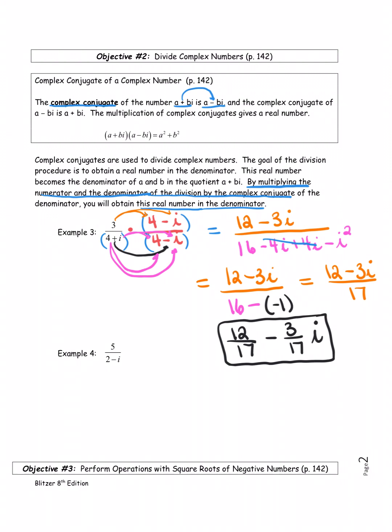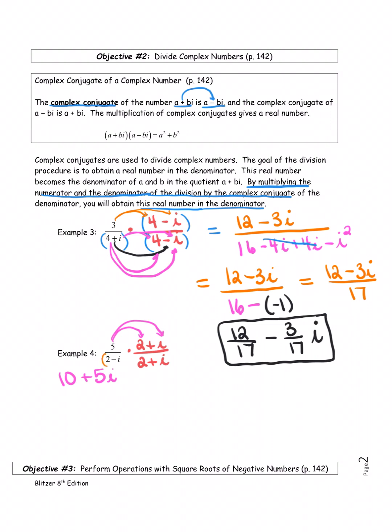Example 4, we have 5 divided by 2 minus i. The conjugate of 2 minus i is 2 plus i. Multiply the numerator and the denominator by 2 plus i, distributing. We have 5 times 2 is 10. 5 times i is 5i.